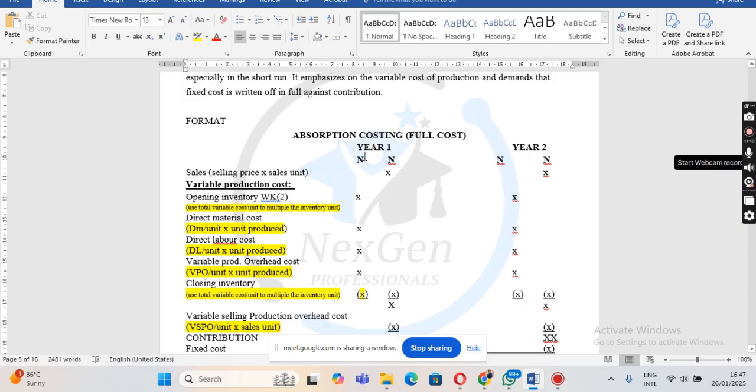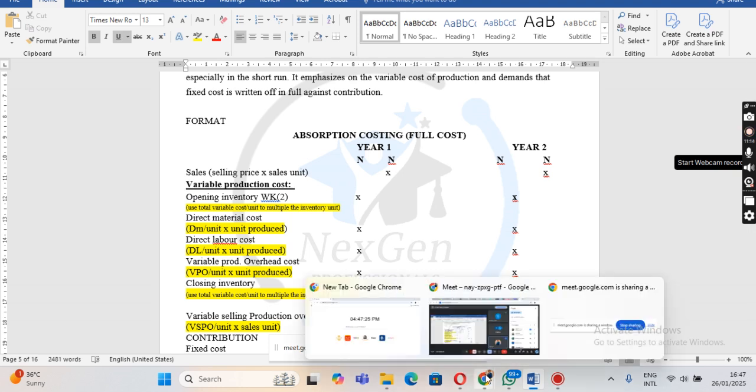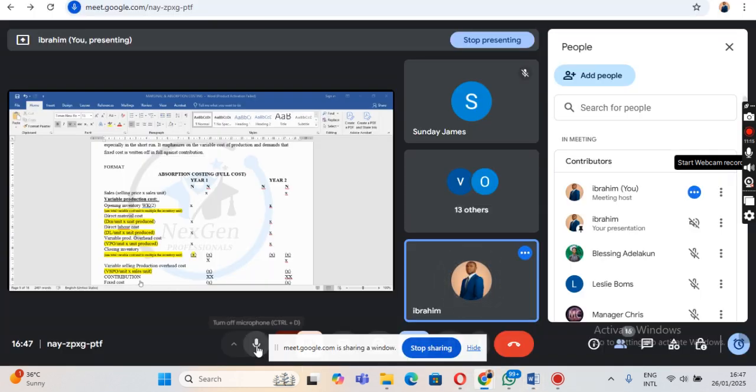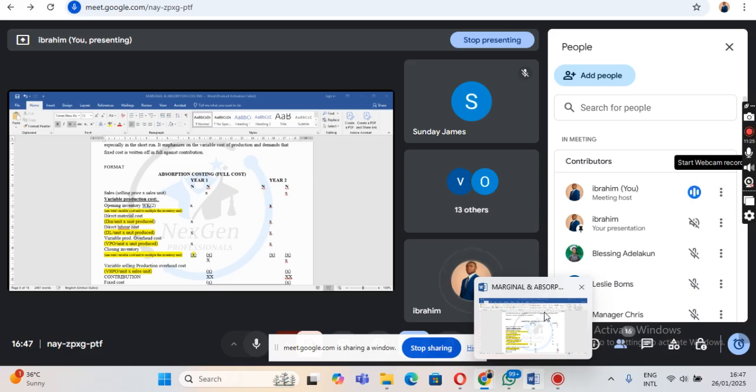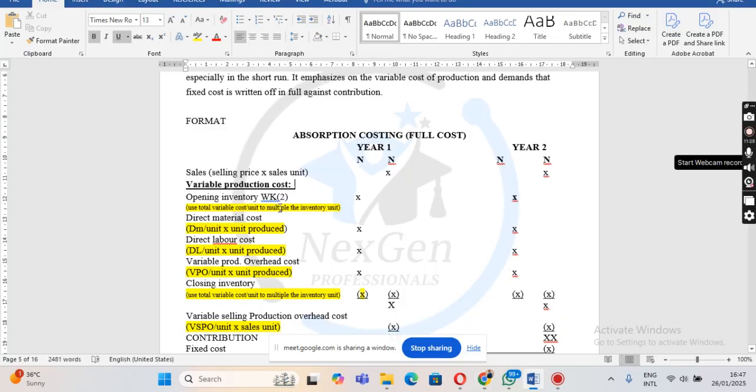So if this is established, right? What we will have here is your cost of sales. Don't forget that I said we will use the format of profit or loss account, right?